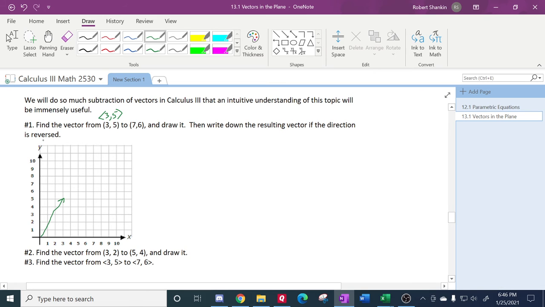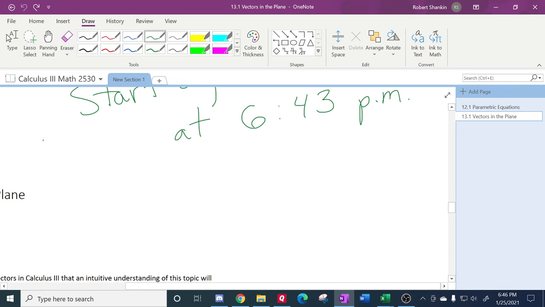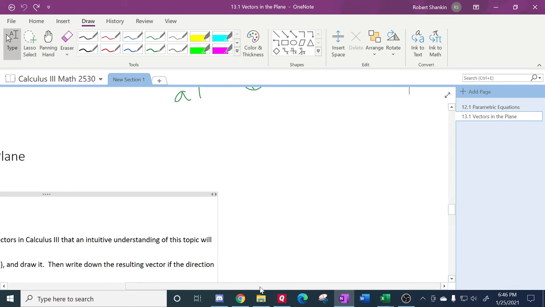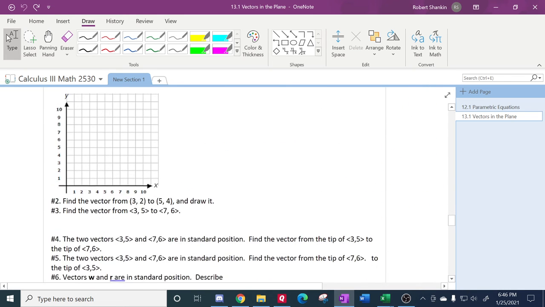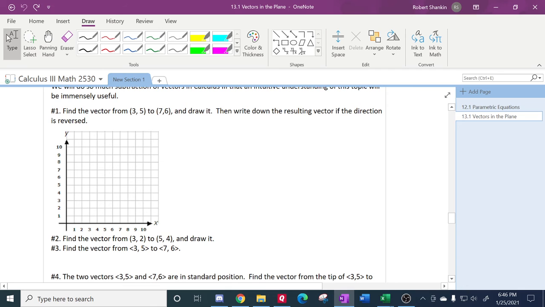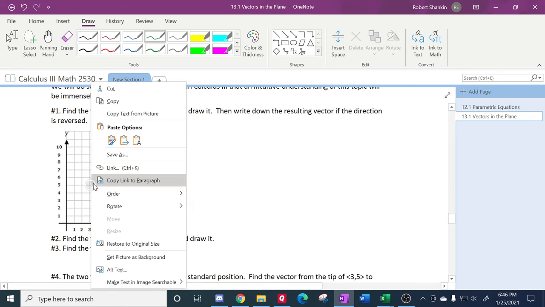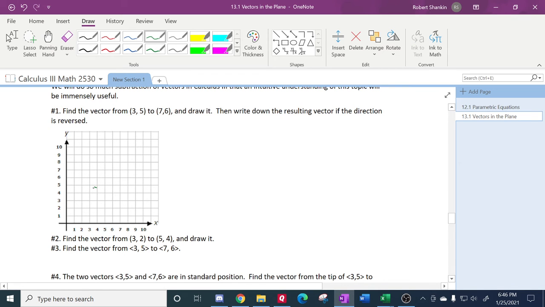So I want to take that away, and I just want the point 3, 5. This gives me a hard time when I try to make points, so let me put a little x. From 3, 5 to 7, 6.